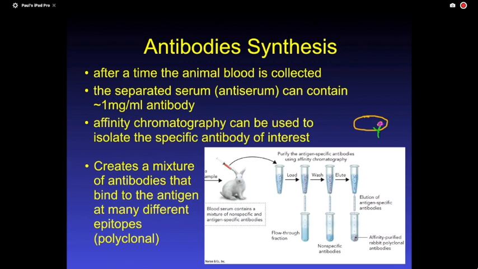Now there are many places on the antigen in which antibodies bind when it's created normally in a rabbit or a rat. You will have lots of antibodies that bind, but only one antibody binds at that epitope, and a different antibody binds at this epitope, because it's a specific shape on that particular antigen that it's binding to.